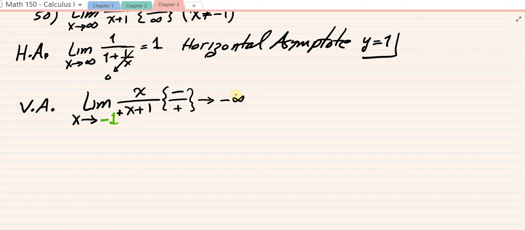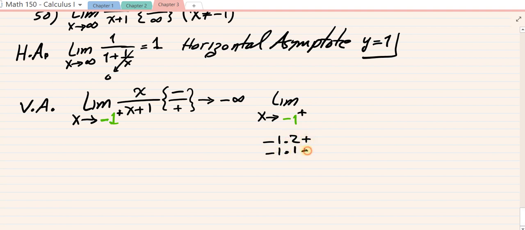Now why didn't I go from the left? We could have done that. Limit as x approaches negative 1, this time from the left. As we approach negative 1 from the left, we still have division by 0. Coming from the left, I'm looking at numbers like negative 1.2, negative 1.1, like that.